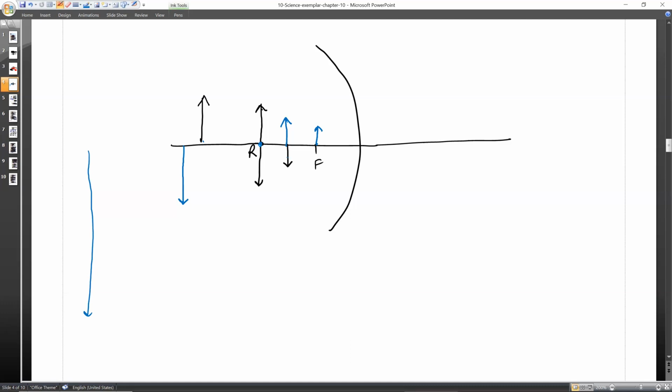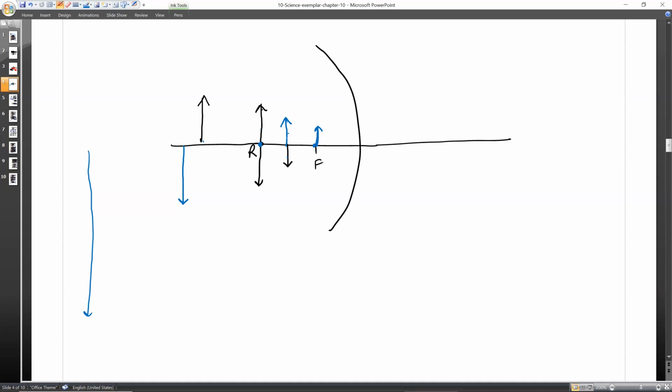When the object is exactly at R, the image will be exactly at R. If your object is between R and F, then the image shifts beyond R. If you are exactly at focus, then it will be moving beyond R. So as you keep moving up to the focus, the image moves backward. Got it? And vice versa is also true. If you keep the object at focus, then the image will be at infinity.